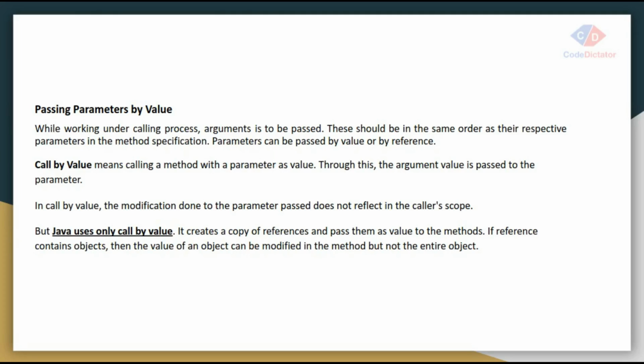So if you perform any local operations, it will not affect globally. It's really confusing to understand, correct? Java is basically pass by value, or call by value. Don't worry, we will take one practical example to understand this concept.